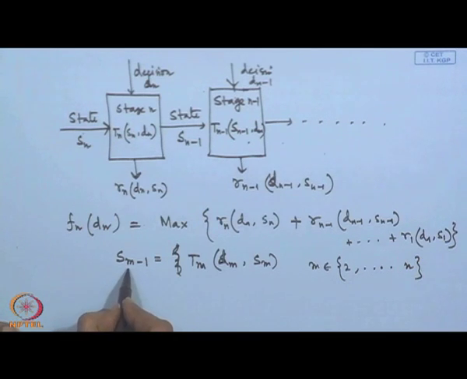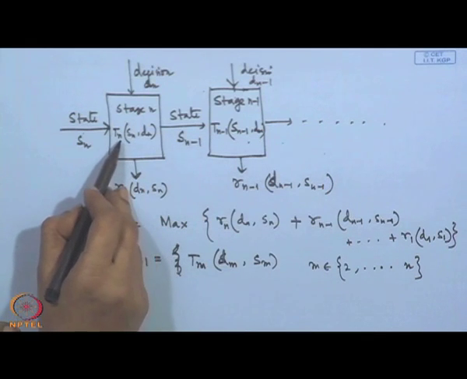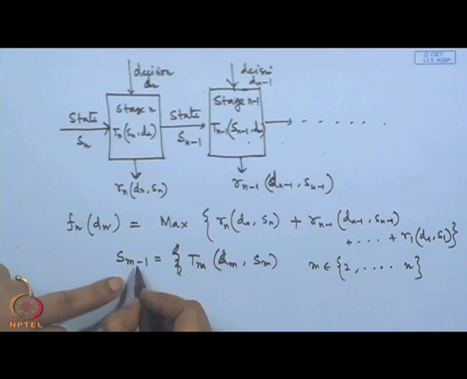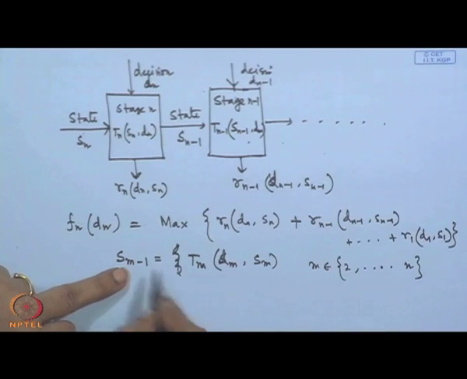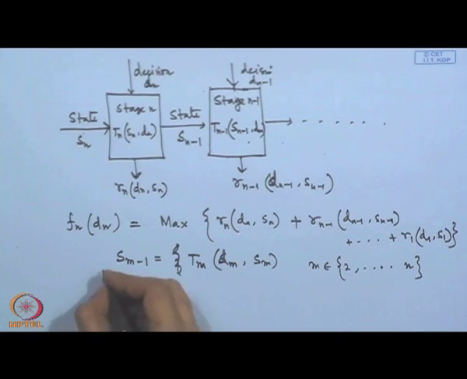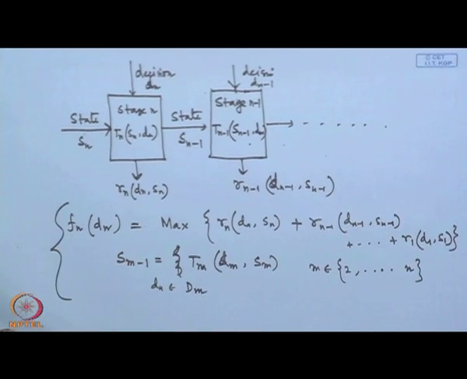Sn minus 1 is obtained from Tn, Dn, Sn in this way, and it ends at m equal to 2, then only do we reach the last stage S1. And here the decisions are in the decision space. I just wanted to write this down in a mathematical way.